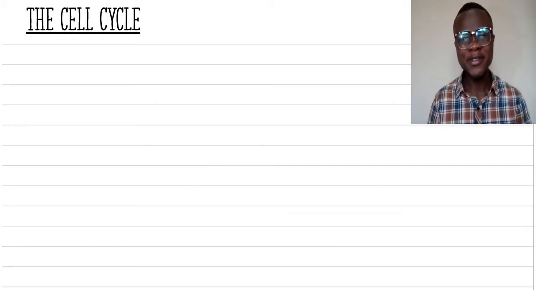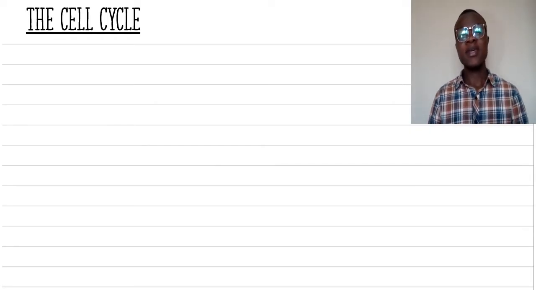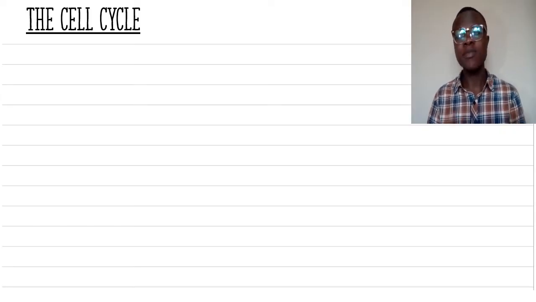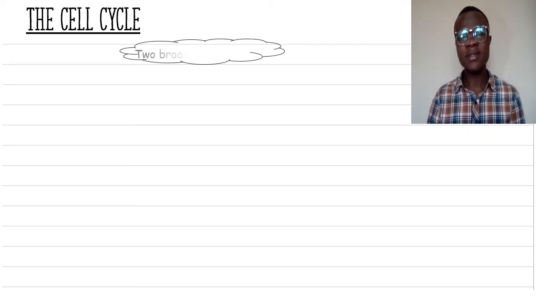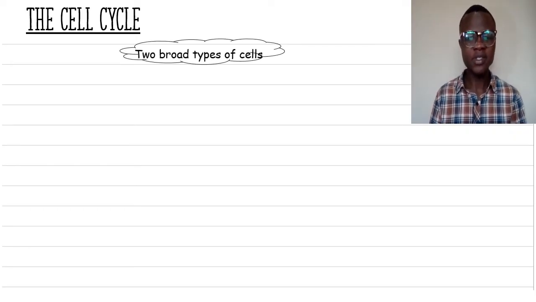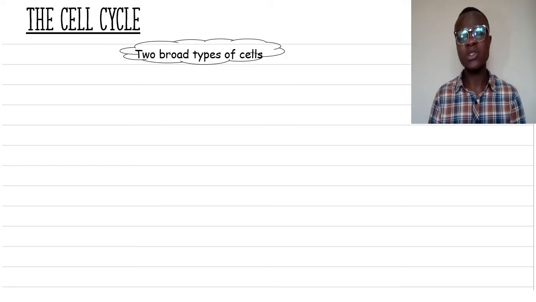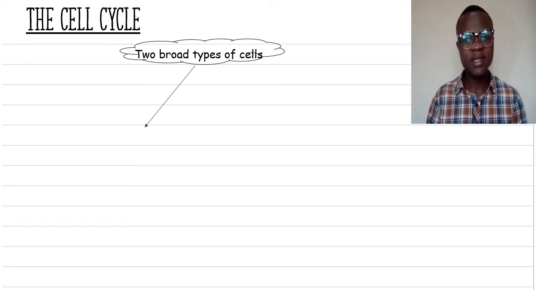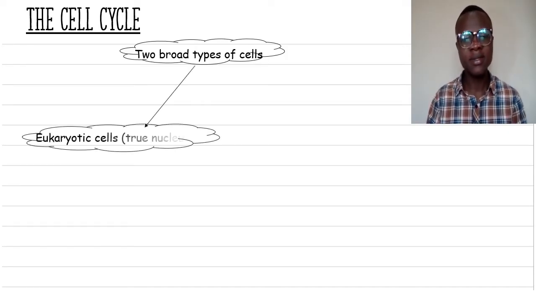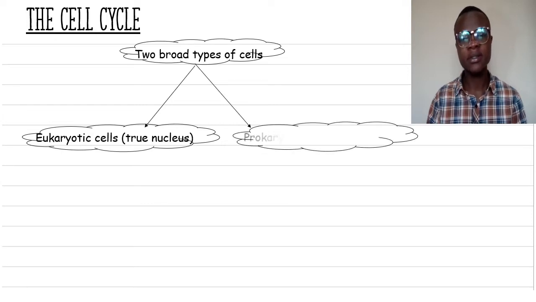Before we go on to define the cell cycle, it will make more sense if we refresh ourselves about some basic information. Remember, the cell, being the basic and functional unit of life, is divided into two broad categories: the eukaryotic cells and the prokaryotic cells.